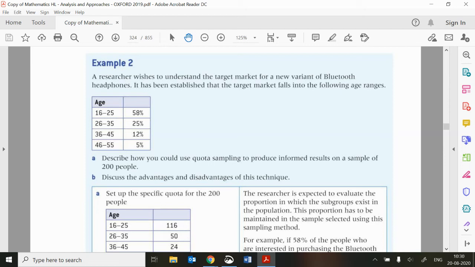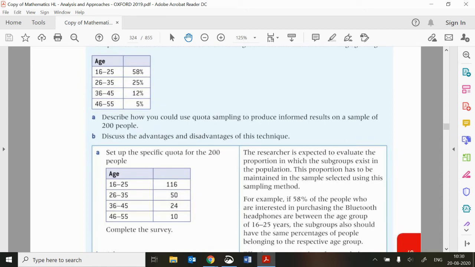Now part A says, describe how you could use quota sampling to produce informed results on a sample of 200 people. So in other words, we want to make sure that 58% of people are between 16 and 25. And seeing as we've got a sample of 200, all we need to do is double our percentages there. Okay, so that's pretty straightforward.